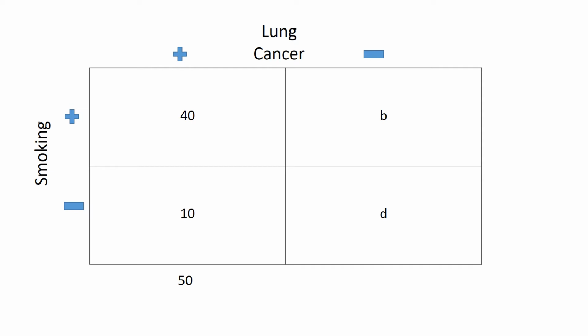And 10 of those did not smoke. Next, we have 50 patients without lung cancer. 15 of them smoked, and 35 of them did not smoke. So we finished filling out our 2x2 table.